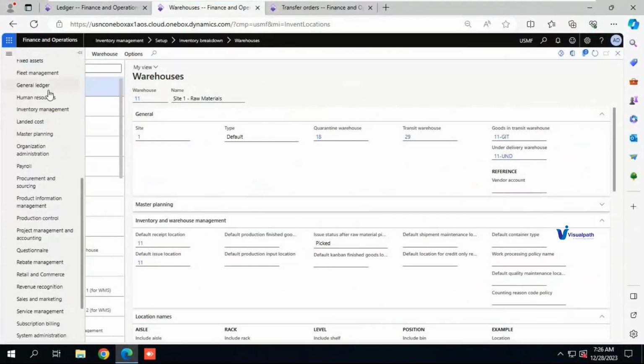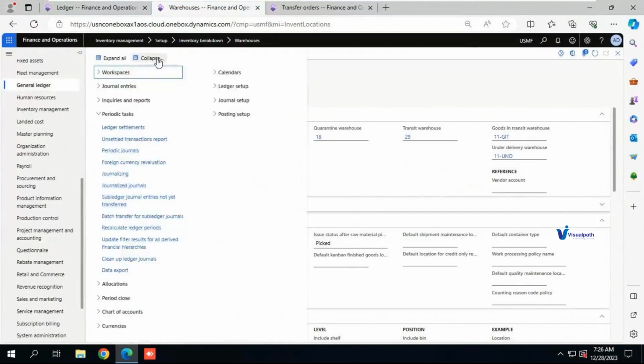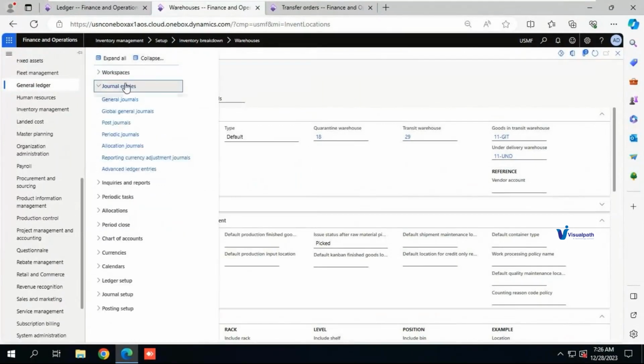General ledger, collapse all, journal entries, general journals.